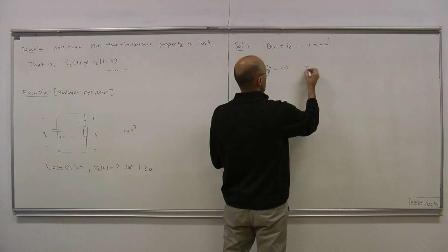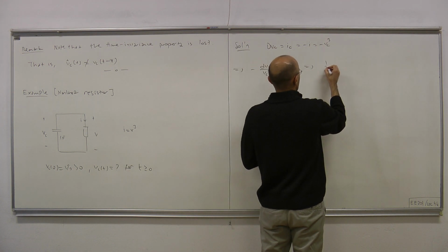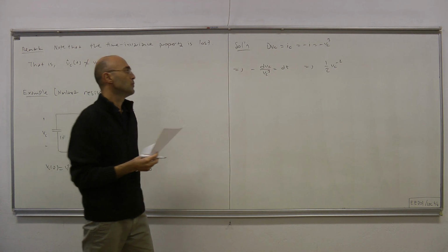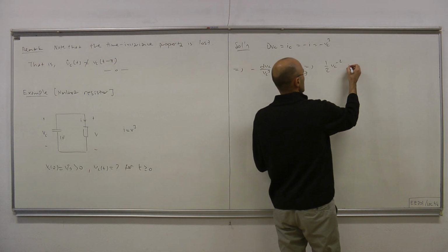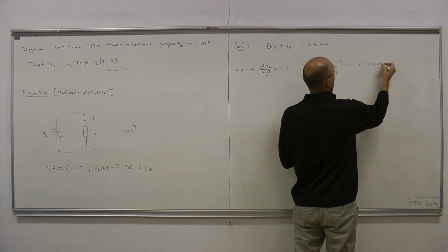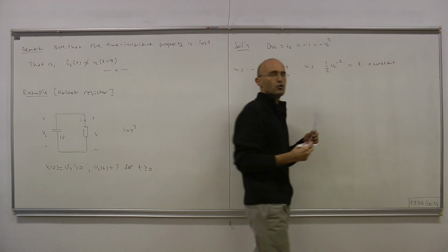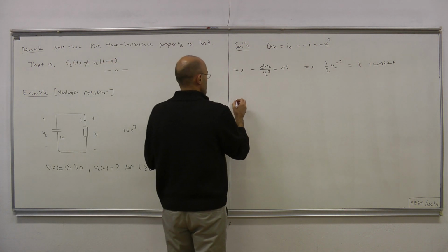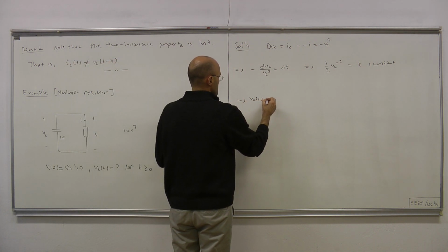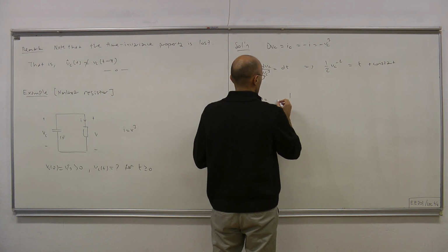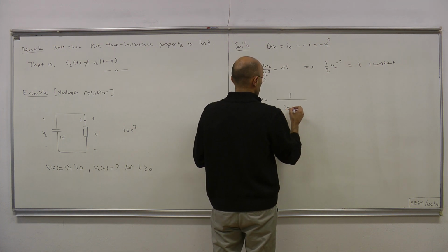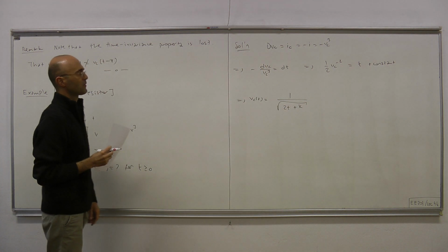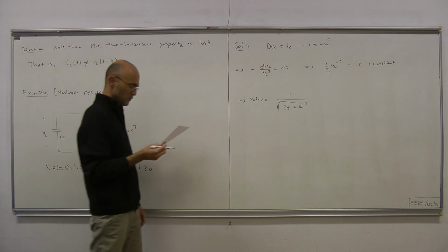Then integrating both sides yields 1/2 VC to the minus 2 equals t plus some constant to be determined by the initial condition. Hence, VC t will have this form, 1 over 2t plus k, and then we take the square root. Okay, so that's the formal solution.